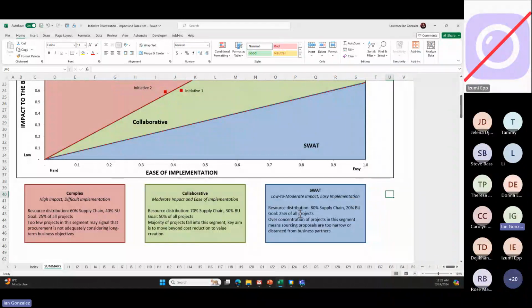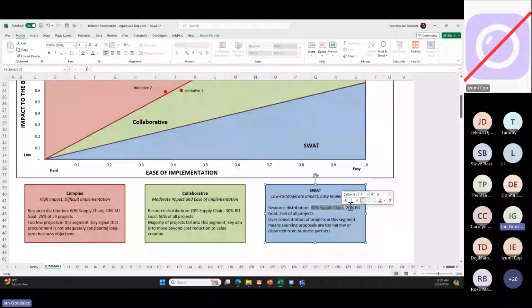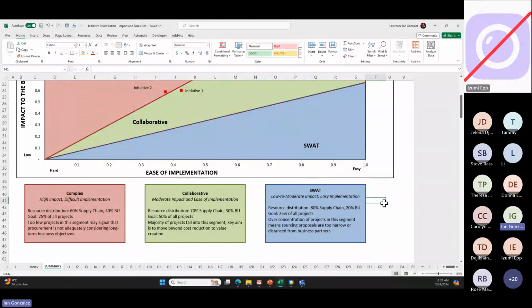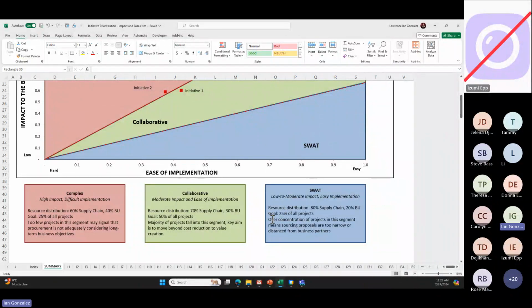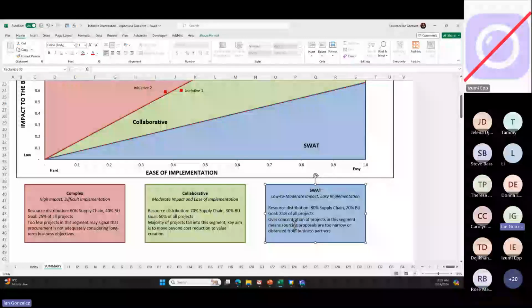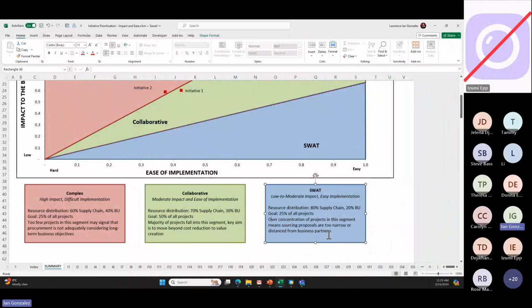SWAT is low to moderate impact, but easy to implement. So this one is mostly supply chain people and only 20% from the BU, or even none at all if it's really that simple. So the goal of your portfolio is also 25%. You can't have too many in SWAT. Over-concentration of projects in this segment means that your sourcing proposals are too narrow, distanced from business partners.